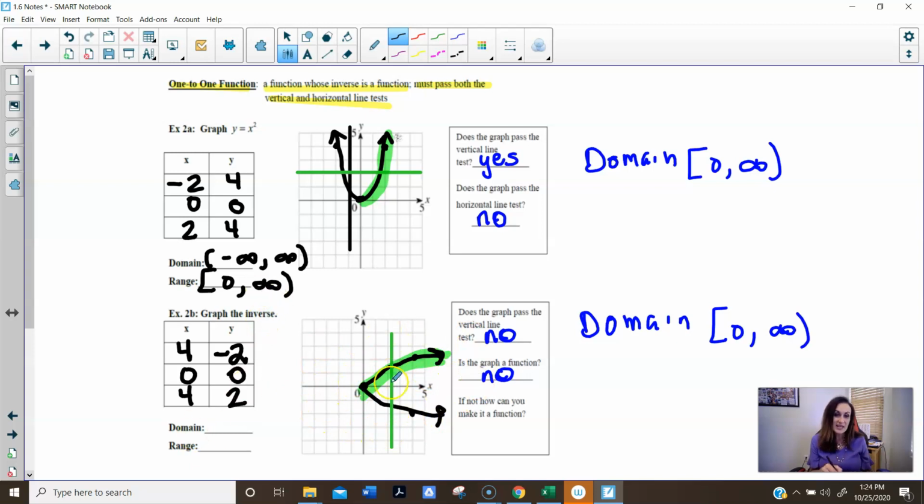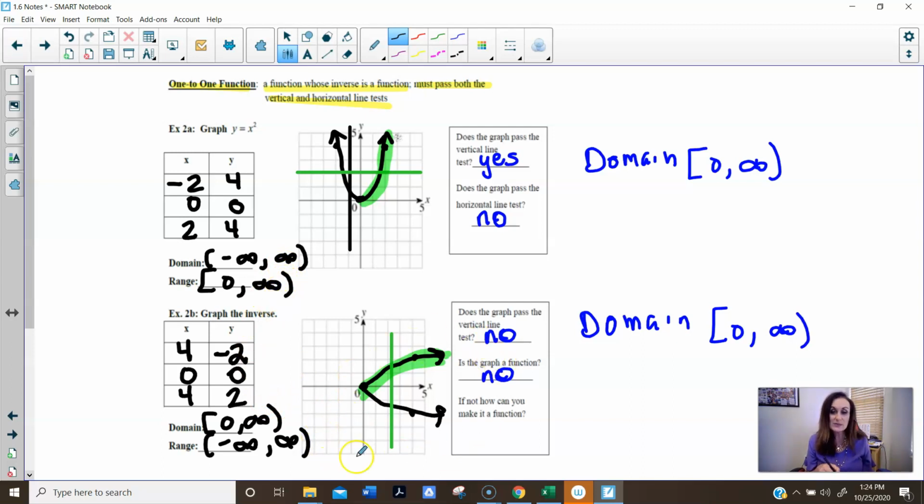So here, if you look at this graph, even before I restricted the domain, the domain was 0 to infinity. And the range, this is going down forever and up forever, so the range is negative infinity to infinity. So something to note about inverses is the domain will now be the inverse's range, and the range will now be the inverse's domain.